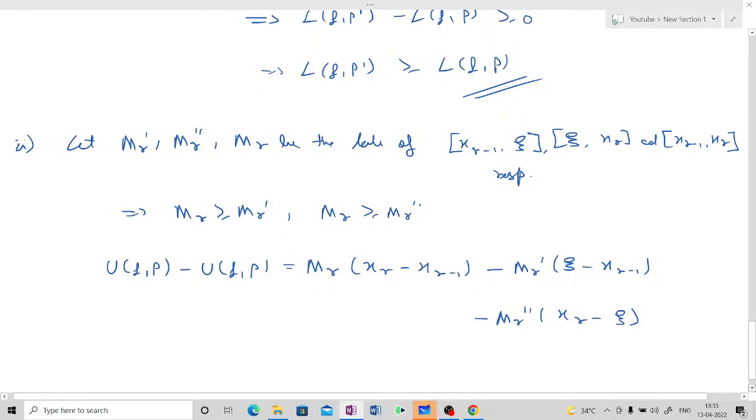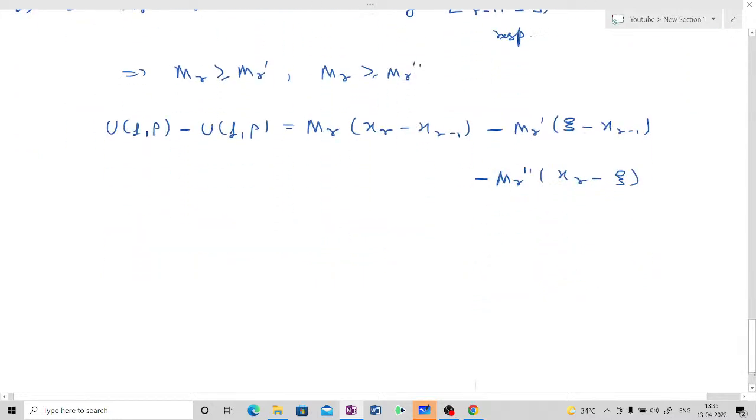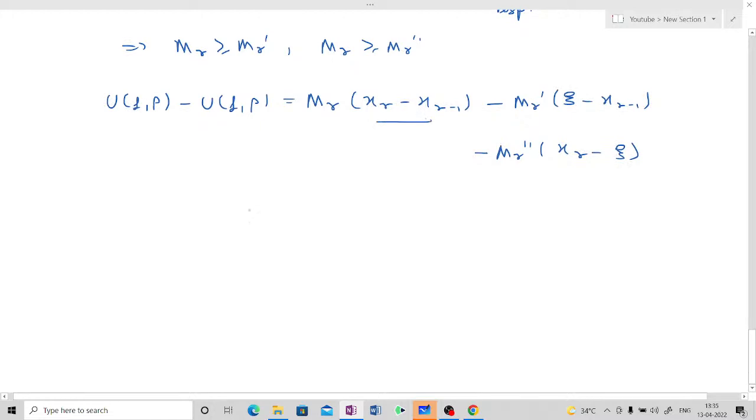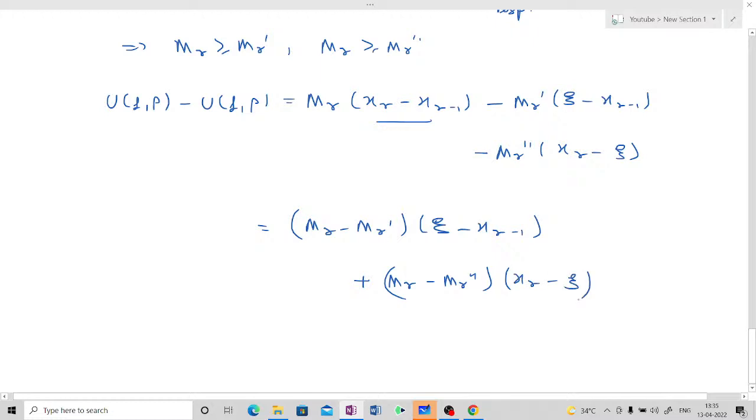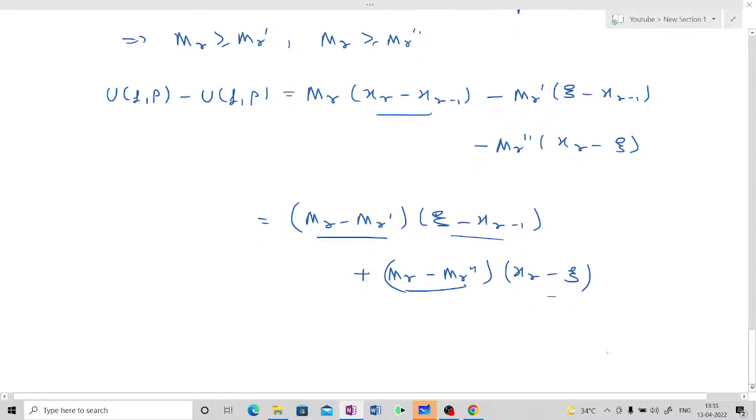Okay, then we break this in the similar form which we have already done to get mr minus mr prime times eta minus xr minus 1 plus mr minus mr double prime times xr minus eta. Clear? Got it? And since this is positive and these two are also positive, we can obviously say that UFP is greater than or equal to UFP prime.